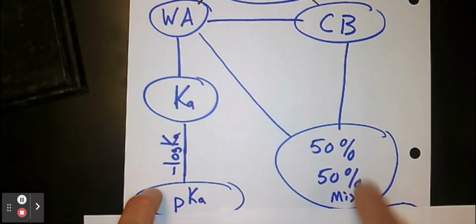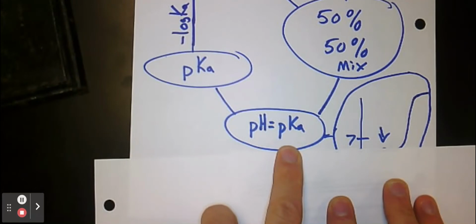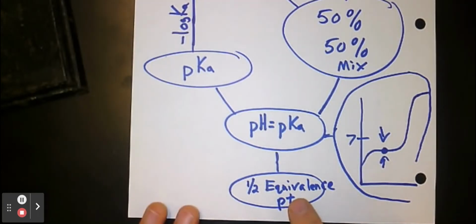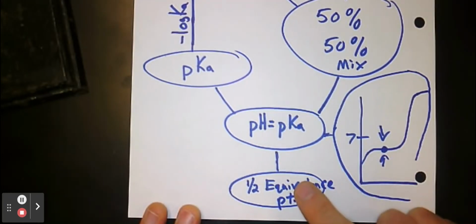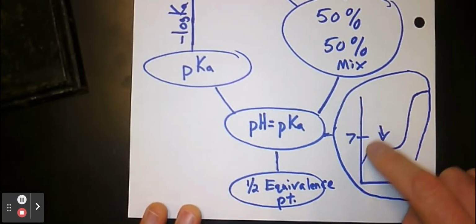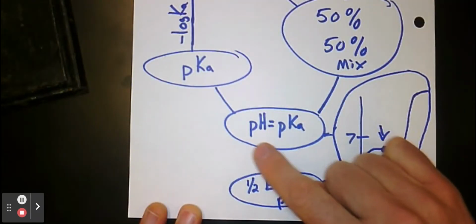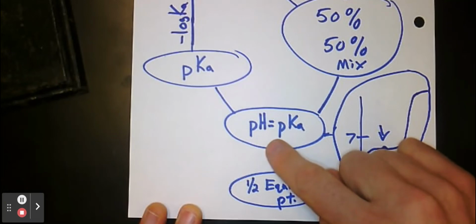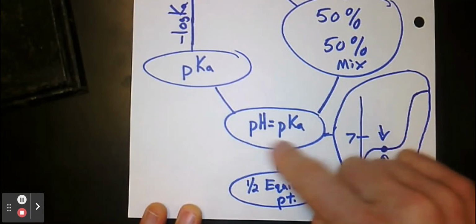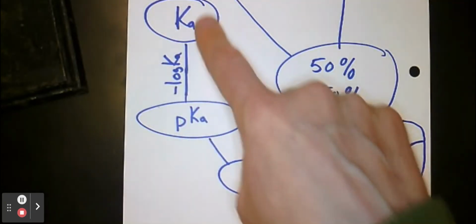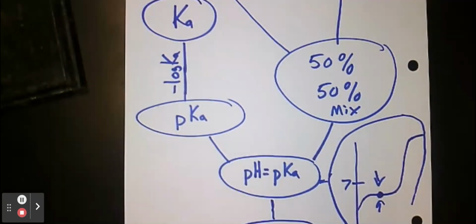I got a 50% mix. My pH will be equal to my pKa. Now, remember, this is also in a titration, the half equivalence point of, in this case, a weak acid with a conjugate base. So this is how they're related. The pH of a 50% mixture is basically your pKa value for your weak acid.